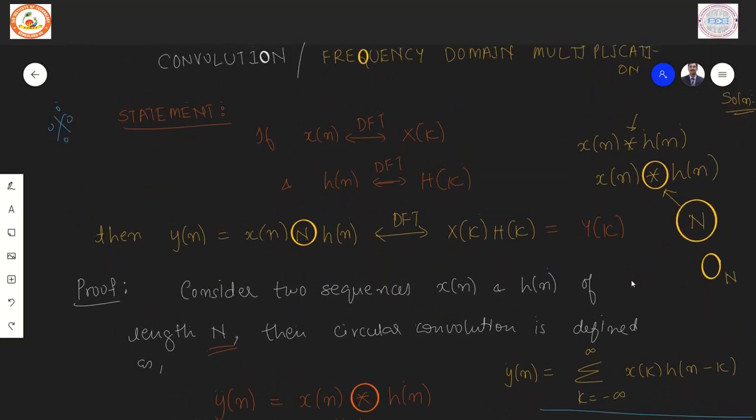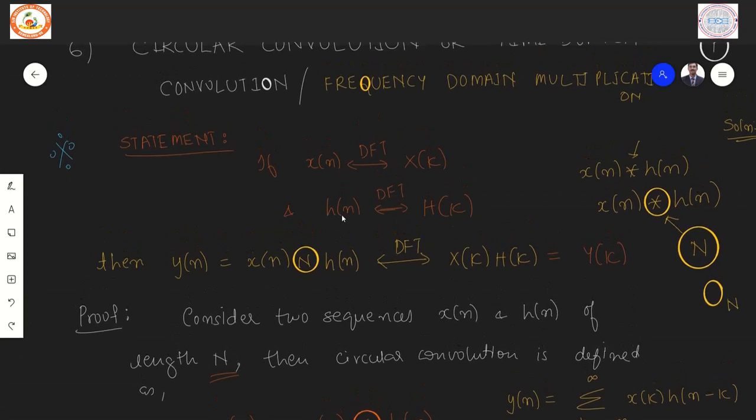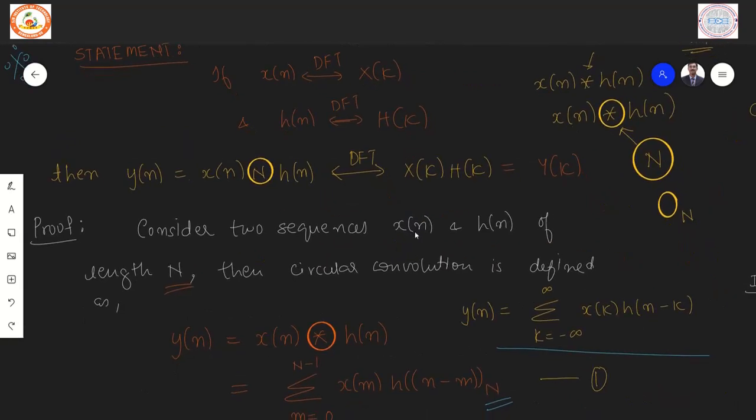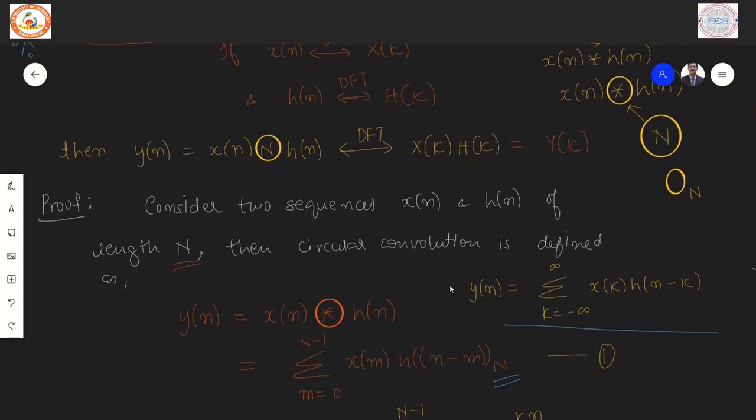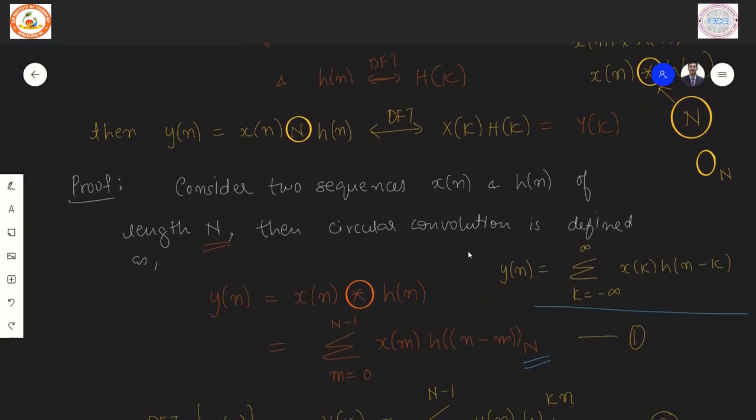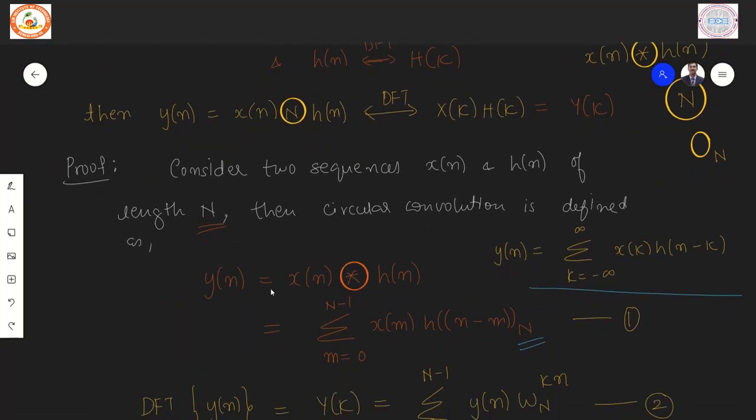Now, in circular convolution, we assume that the sequences are periodic. x of n and h of n both are said to be periodic sequences. Therefore, consider two sequences x of n and h of n of length capital N. Then the circular convolution is defined as follows. y of n is x of n, star within a circle to indicate circular convolution, with h of n.